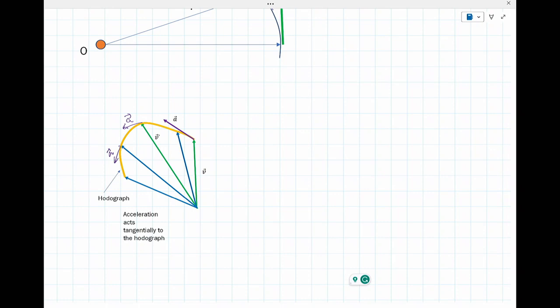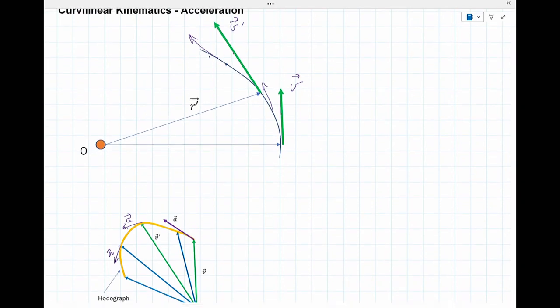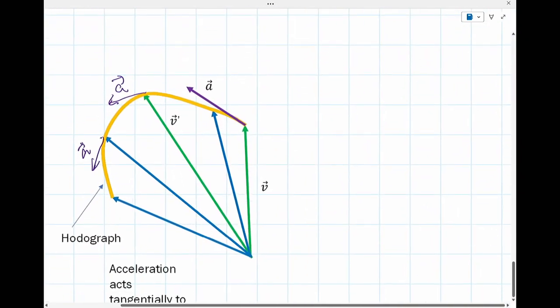So I take all of the values that I have along the curve, this point right here and this point right here, and then I aligned all of the tails, like a translation. That's right. Once I've done that, then I know what the hodograph looks like for the acceleration vector. And the tangent to that yellow line at the bottom is what I look at.